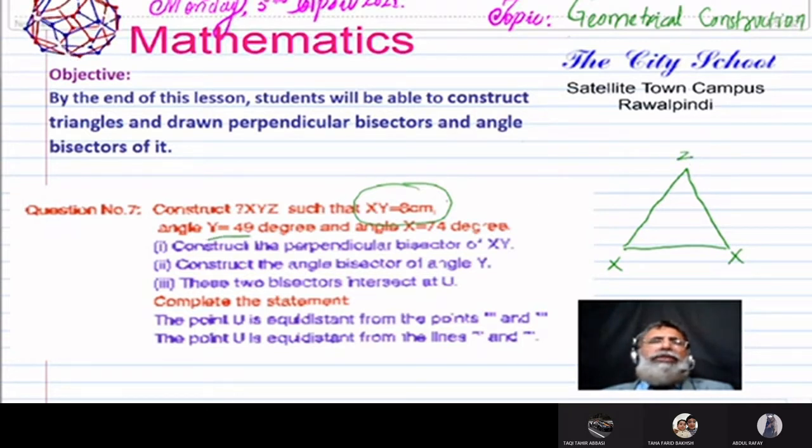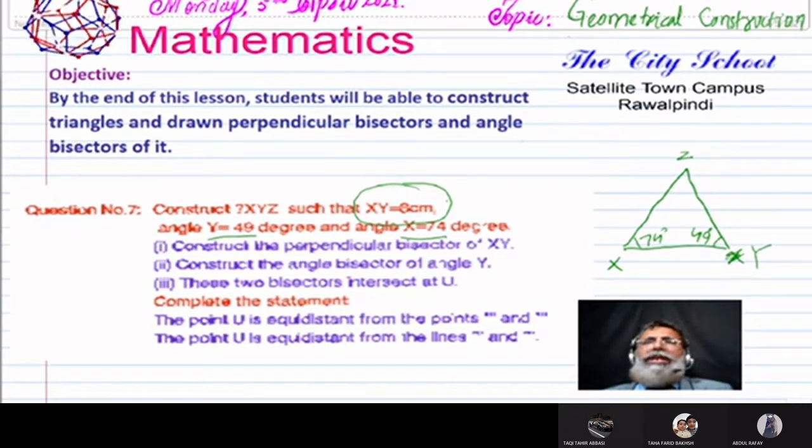Angle Y is 49 degrees. So this is not YX, this is Y. So angle Y is 49 degrees, and then angle X is 74 degrees. So this will be 74 degrees.